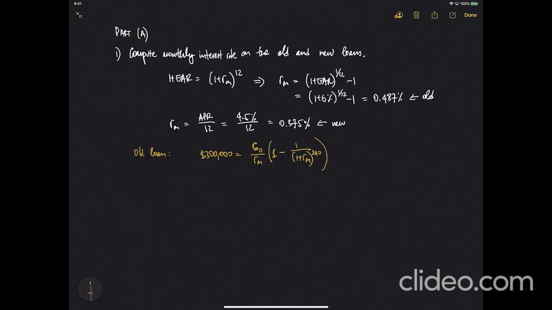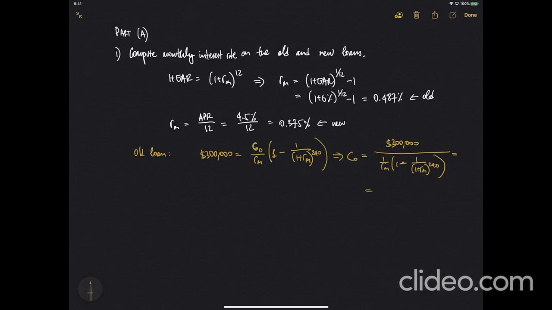And so for us to find our monthly payment, we have to invert this equation. So it's going to be $300,000, and then we'll divide it by 1 divided by RM, times 1 minus 1 divided by 1 plus RM, raised to the power 240.